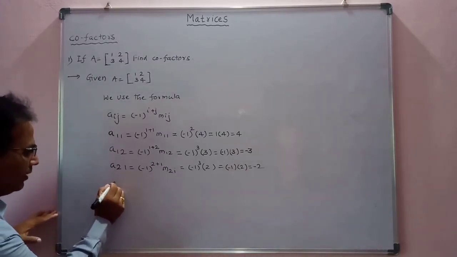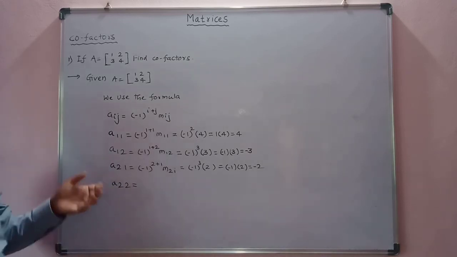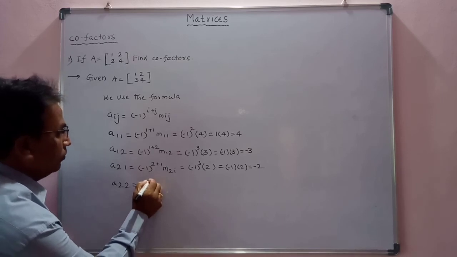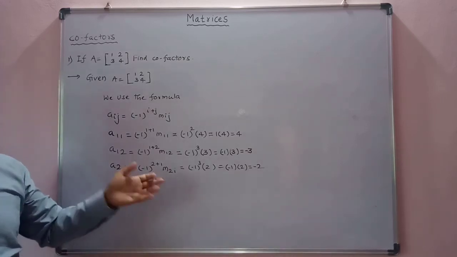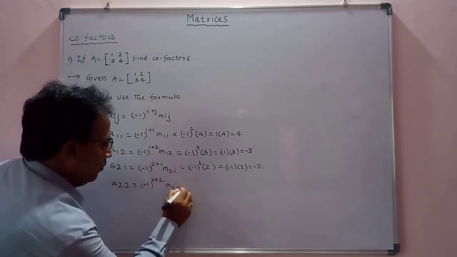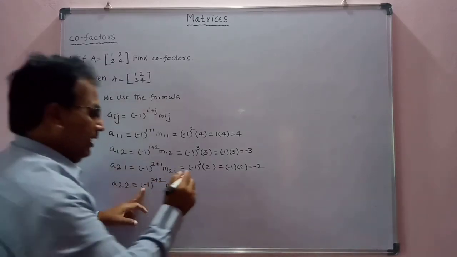And the next cofactor is a22, meaning second row, second column. We use the formula minus 1 raised to i plus j, where i is 2 and j is 2, into m22. Minus 1 raised to 2 plus 2 is 4.